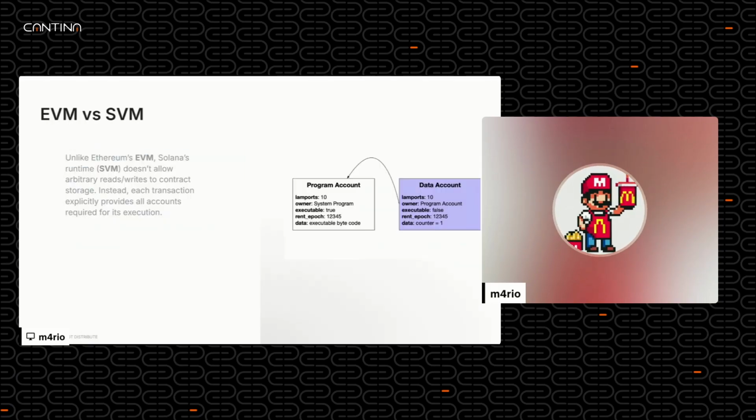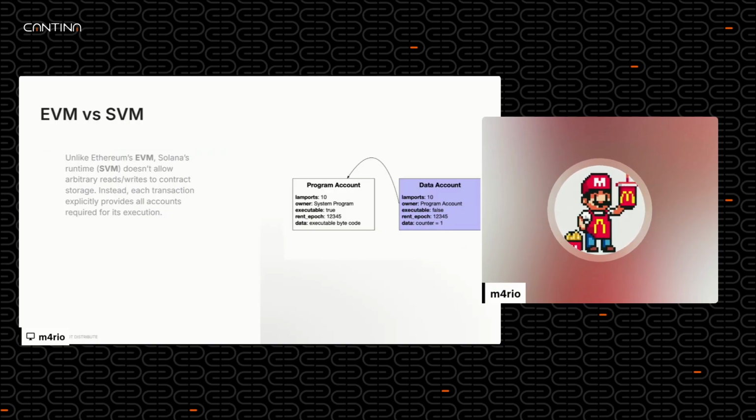Now let's talk a bit about these differences between EVM and SVM, because they're quite different. In EVM, for those who know EVM, the storage is basically tied to the contract. One contract has a storage, if I may say, that is attached to it, and it can write and read on that storage.